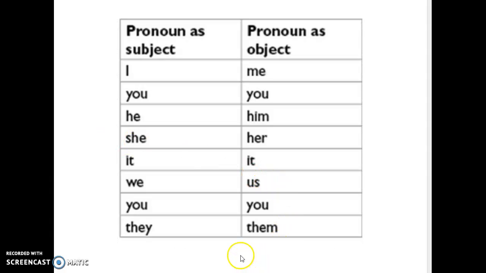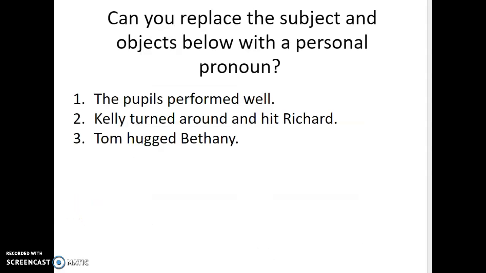When the pronoun is replacing the noun which is the object, you will often see me, you, him, her, it, us, you, or them. So, bearing that in mind, on the next slide there are 3 sentences. All I would like you to do is replace the nouns, the subject and the objects below, with a personal pronoun. So I would like you just to pause this clip as you do that, please.